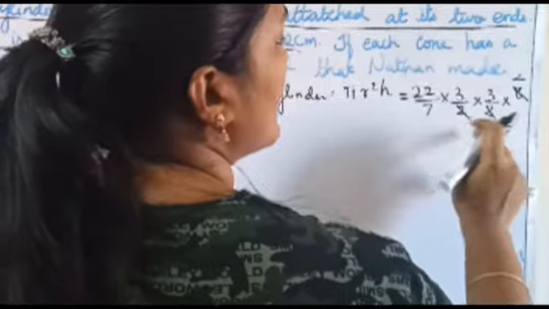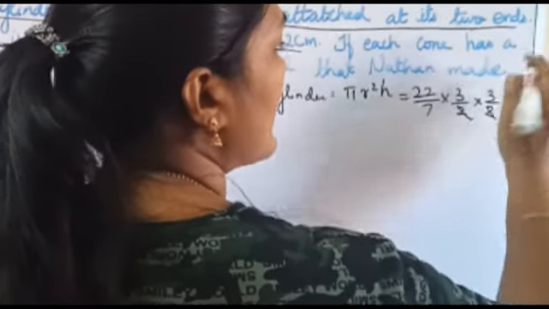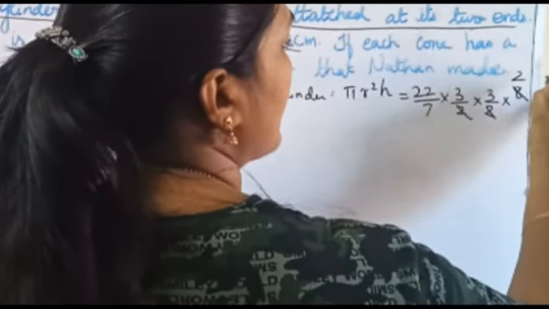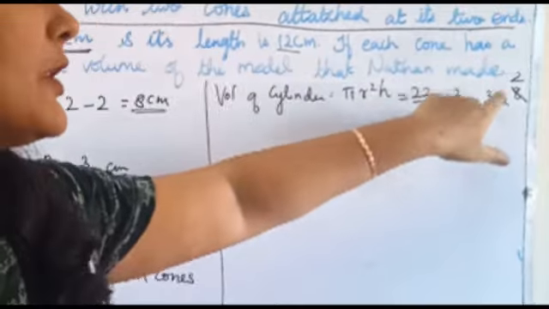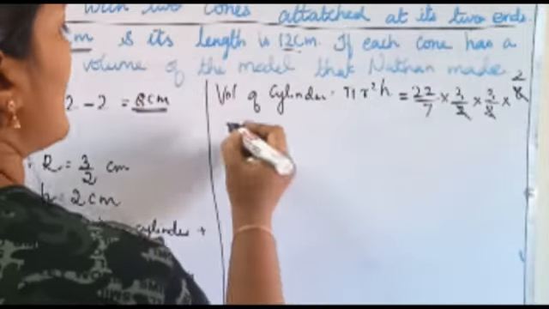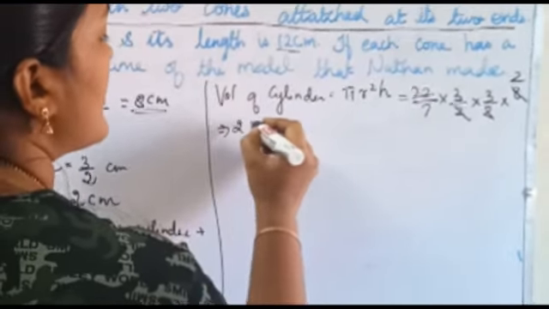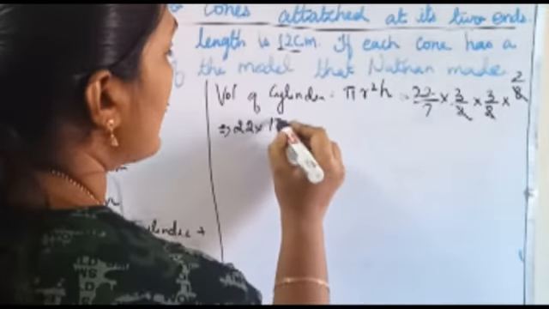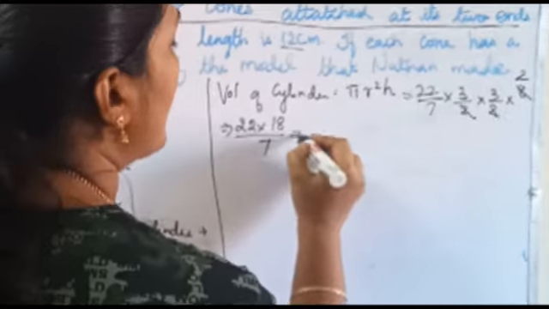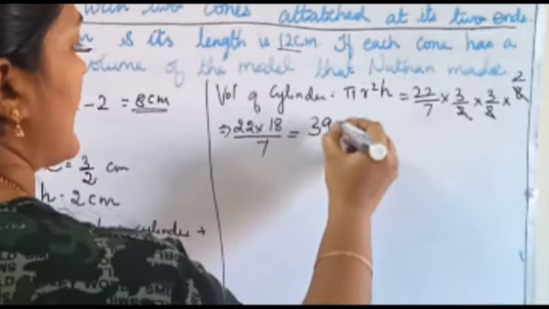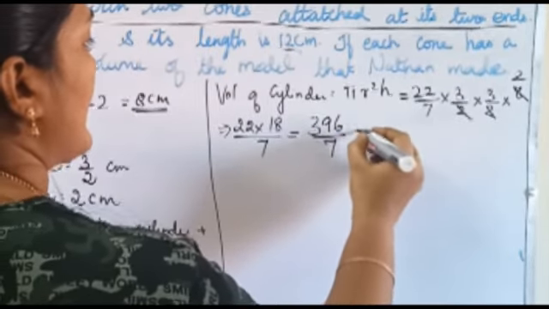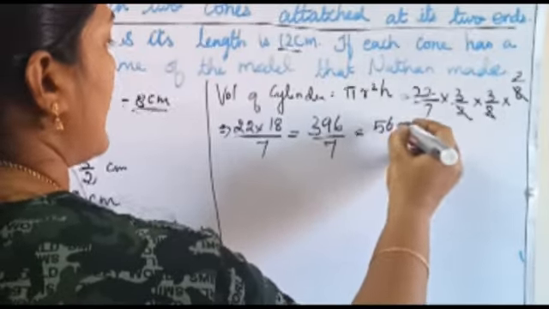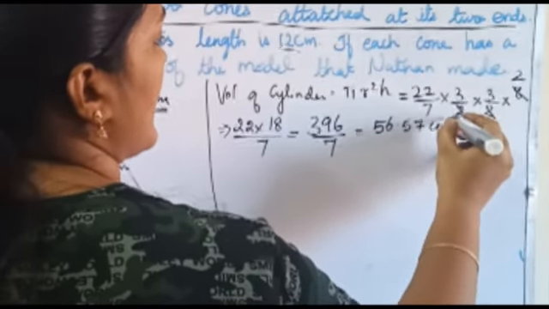Now cancel: 2 2s are 4, 1 4 is 4, 2 4s are 8. 22 into 3 into 3 into 2 divided by 7, which is equal to 22 into 3 3s are 9, 9 2s are 18, divided by 7, which is equal to 396 by 7, which is equal to 56.57 centimeter cube.